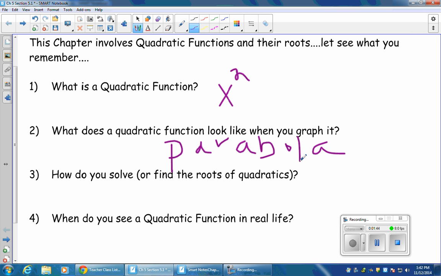So to do this, we set the equation equal to 0. And then solve.